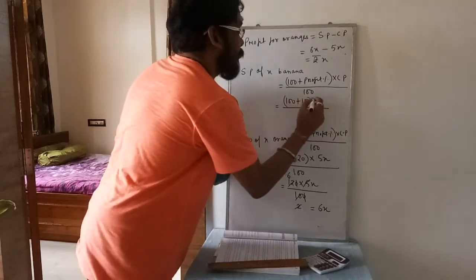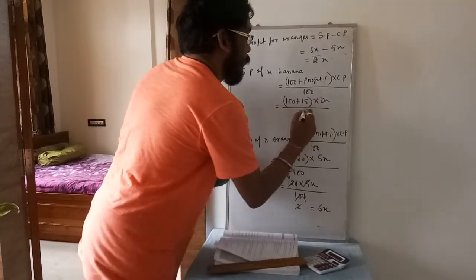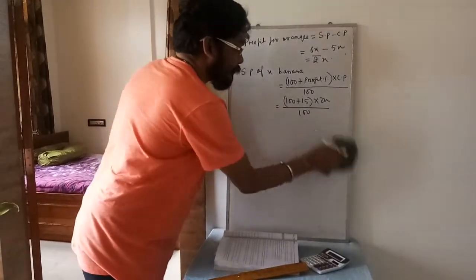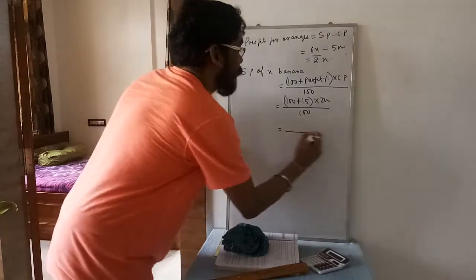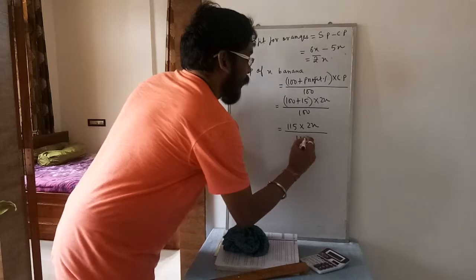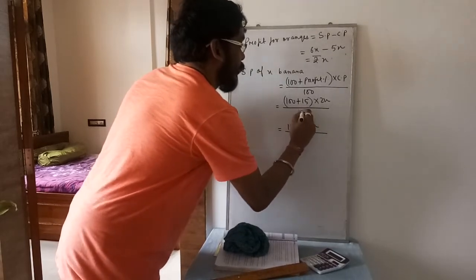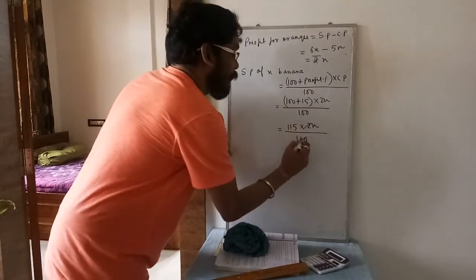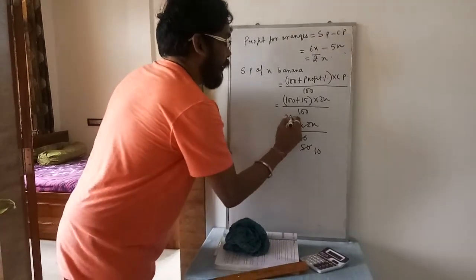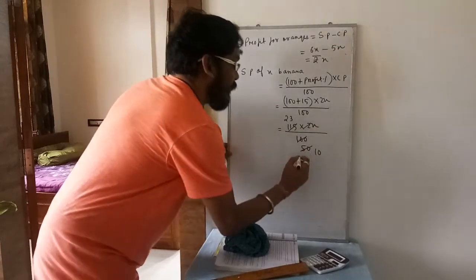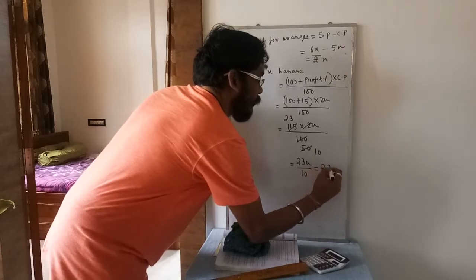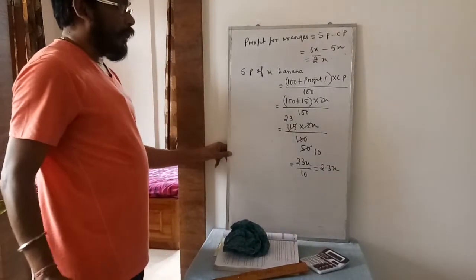So it is 100 plus 15 into 2x by 100, so it is 115 into 2x by 100. If I cancel it, 2 fives are 10, and further cancelling, it is 23x by 10. So it is 2.3x. This is the SP of banana.